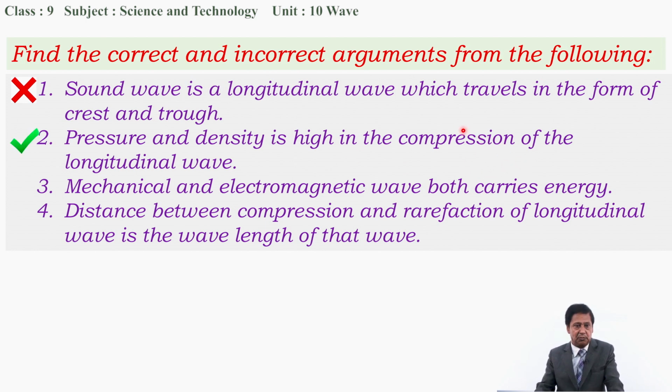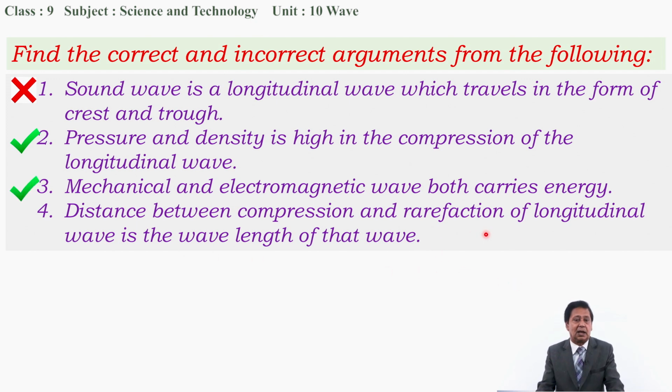So this argument is correct. Mechanical and electromagnetic wave both carry energy. Yes, wave is the carrier of energy, whether it is mechanical wave or electromagnetic wave. It doesn't make any difference. All waves carry energy. In the definition, we have learned that wave is the carrier of energy. That's why this argument is correct.